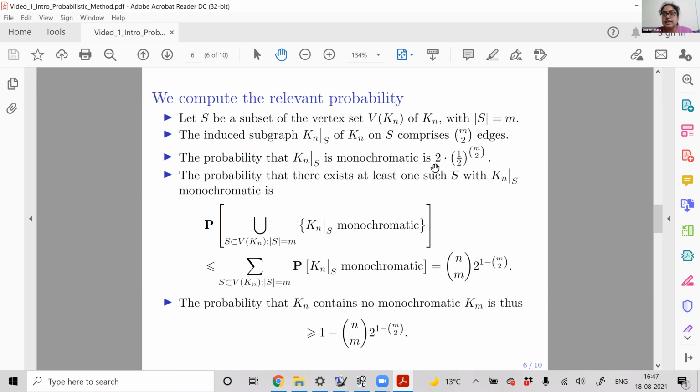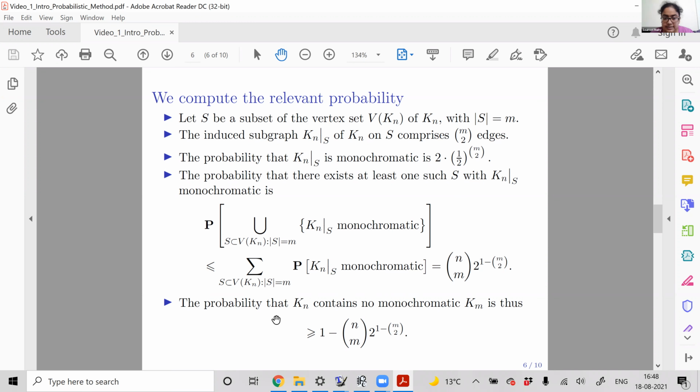So that's 2 times half to the power M choose 2, which is the same as writing 2 to the power 1 minus M choose 2. And how many terms are there in the sum? Each term here is 2 to the power 1 minus M choose 2. So now when we are adding things up, we have to just count the number of terms, and the number of terms is N choose M, because of course you're selecting M out of N labeled vertices. So that number of ways of doing that is N choose M.